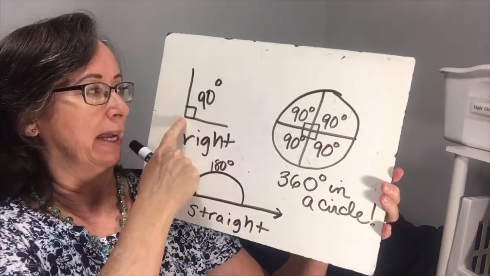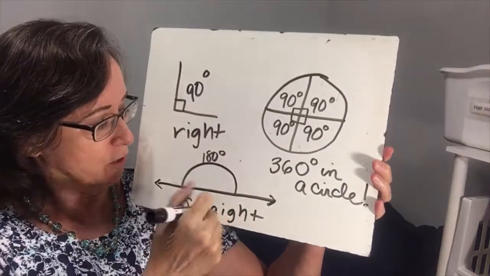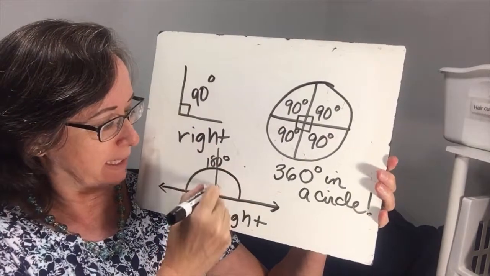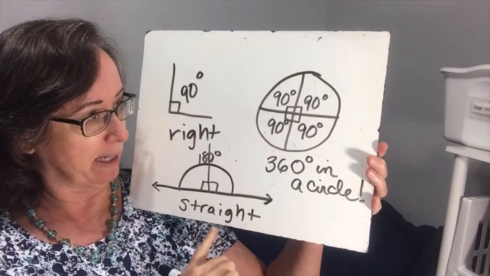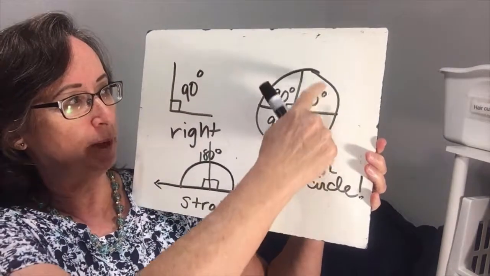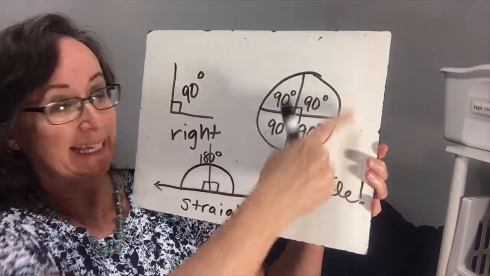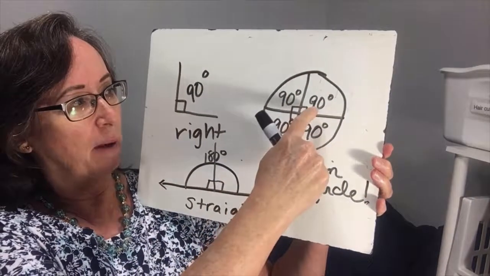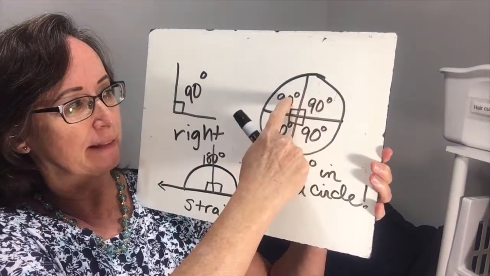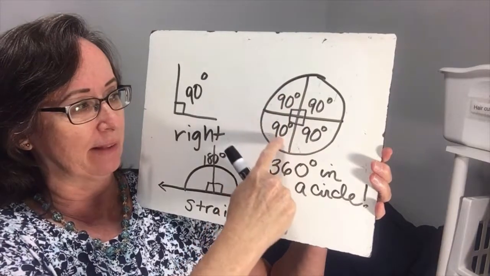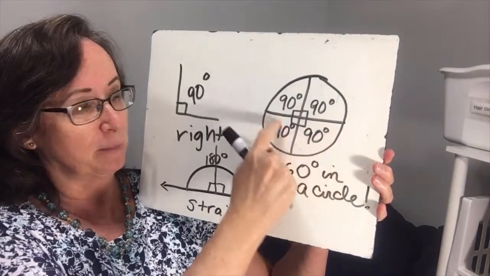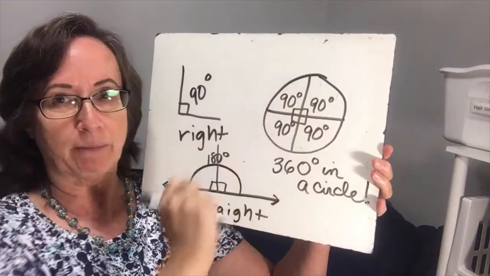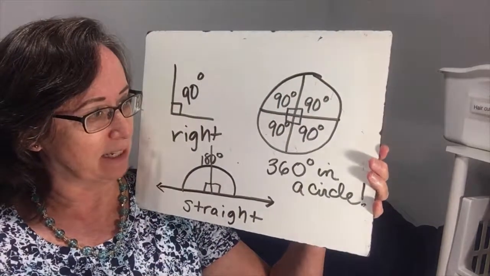One right angle is 90 degrees. Two right angles put together would be 180 degrees, or a straight angle. And then if we put 4 of them back to back, like in a circle, we end up with the 90 and the 90 being 180, and then another 90 and another 90, this direction being 180, and all together, all the way around, is 360 degrees.